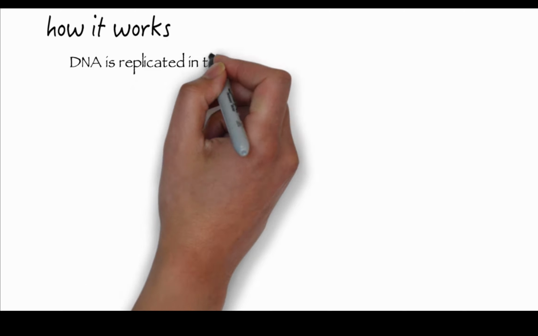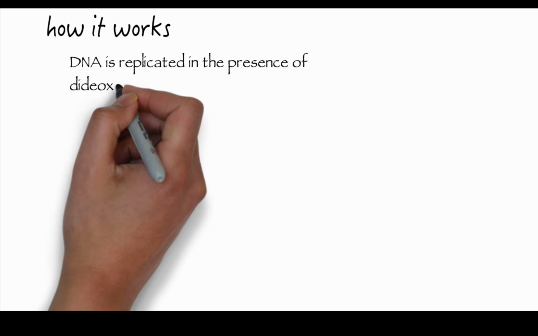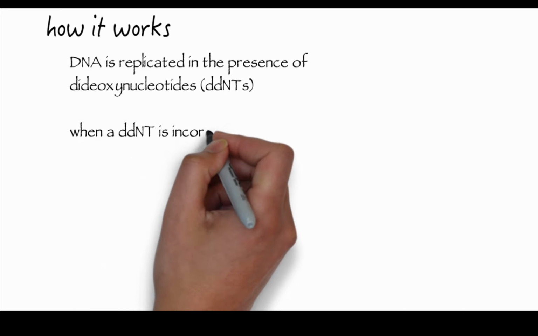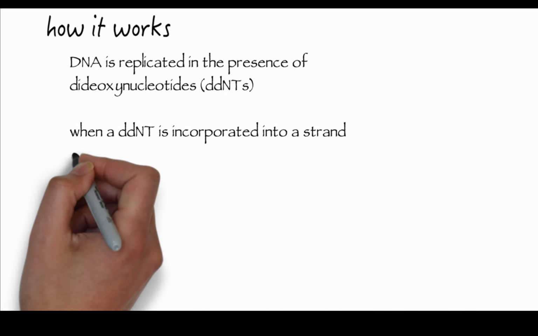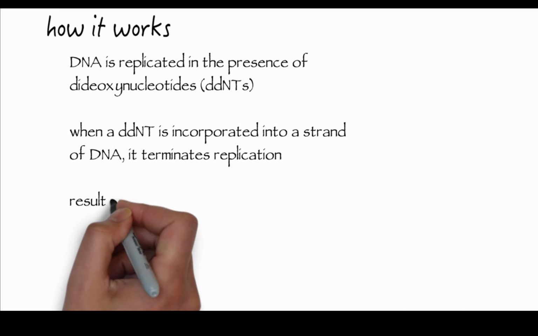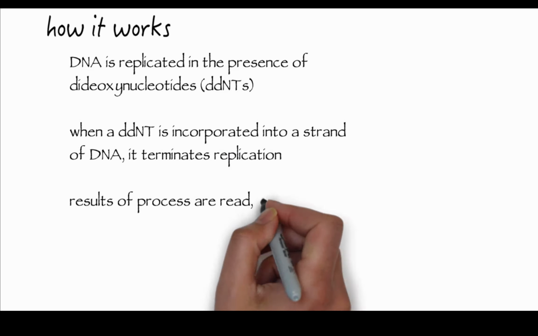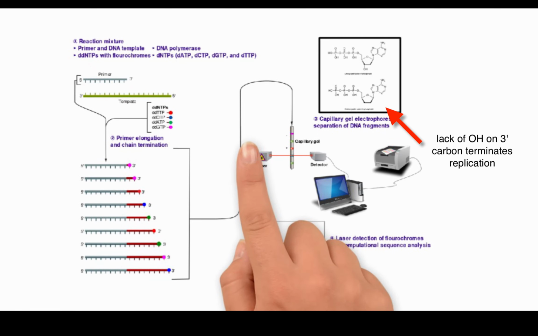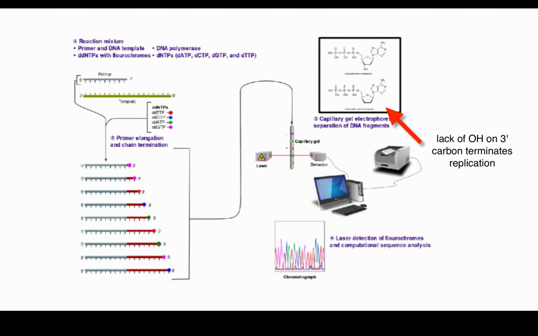DNA is replicated in the presence of dideoxynucleotides, or ddNTPs. When dideoxynucleotides are incorporated into a DNA strand, it terminates replication. The resulting strands of DNA are separated by gel electrophoresis and then read, either manually or automatically, and the sequence of DNA is then known. You can see on the graphic here how the modified nucleotide stops replication.